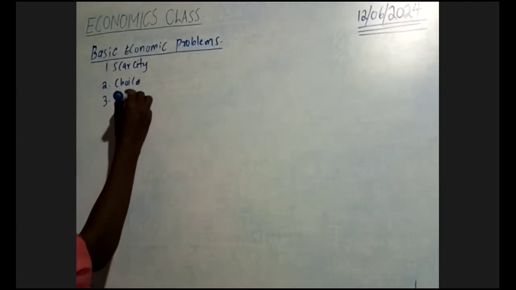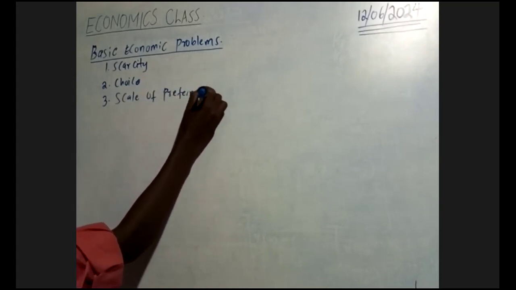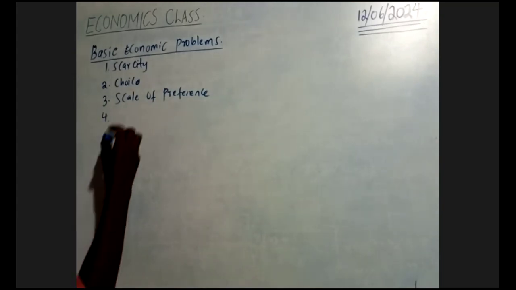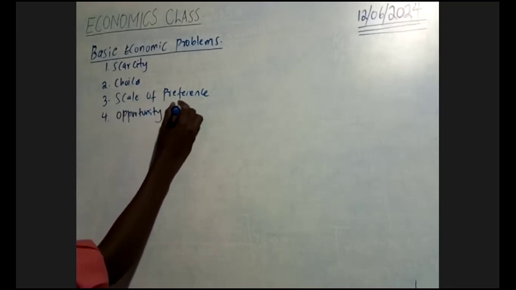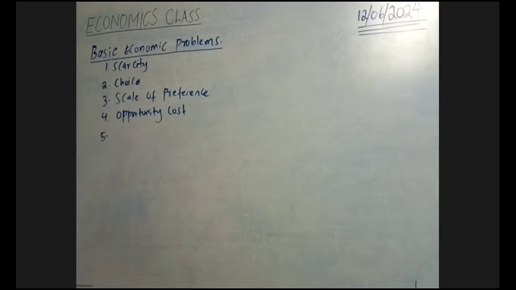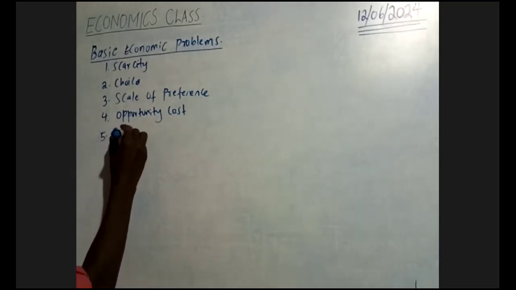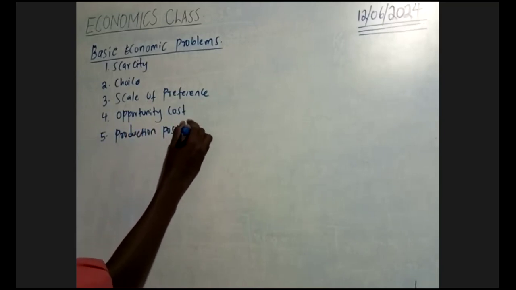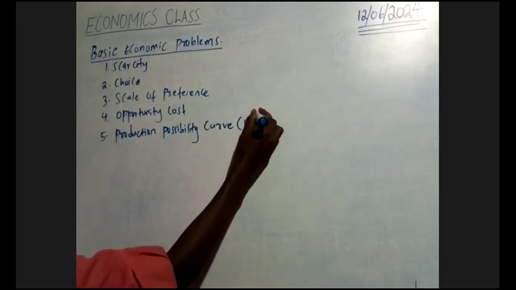We have scale of preference, then we have opportunity cost, and then number 5, we have production possibility curve. This one is PPC.